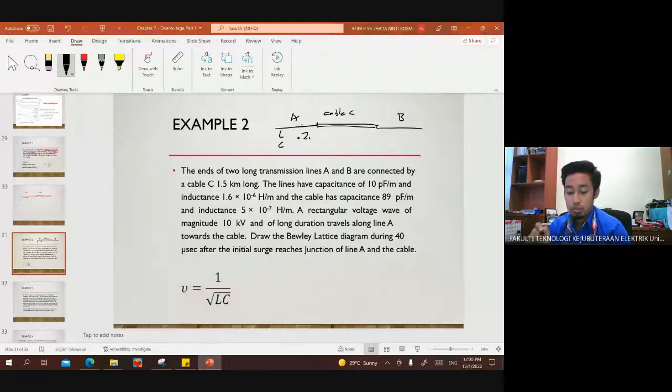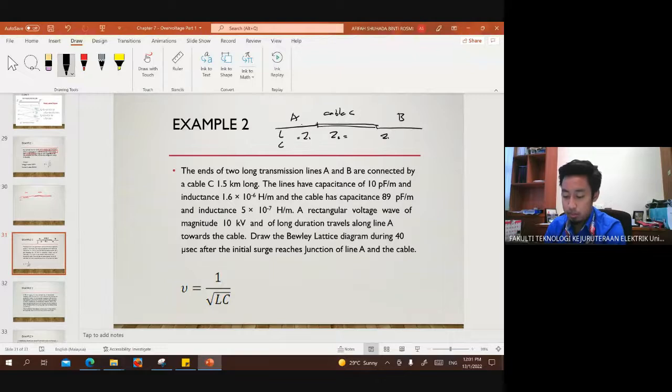Kalau dekat sini dia kata the lines have the same parameter, maksudnya line A dengan B menggunakan same value L dan C. So the value Z1 diguna pakai untuk kedua-dua tempat A dengan B. And then kita cari pula the Z for the cable, sebabnya dia punya parameter ni is different, right? So kita akan gunakan this one.